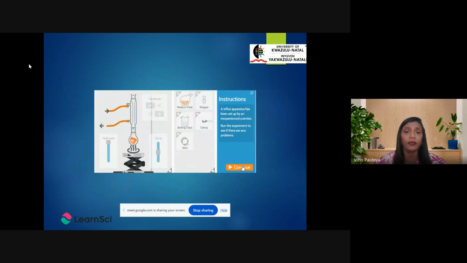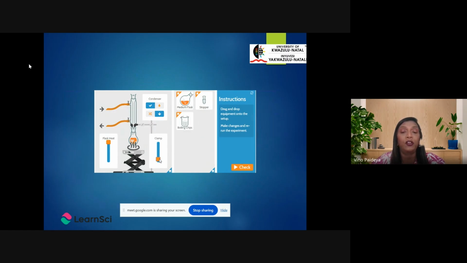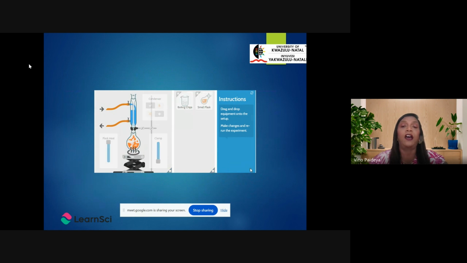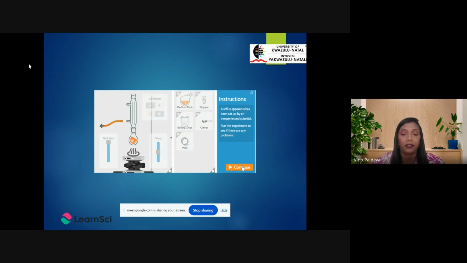Just to give you an idea, this is the typical simulation, and the students would get to set up the reflux condenser and have several goes at setting it up, and then they would get a response of whether the setup was correct or not. And as you can see, it gives them different options, and they can have a go at this several times until they get the setup correct.